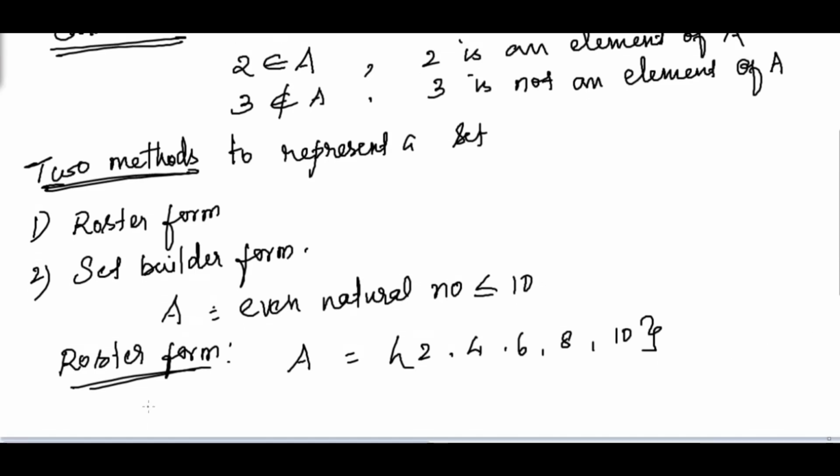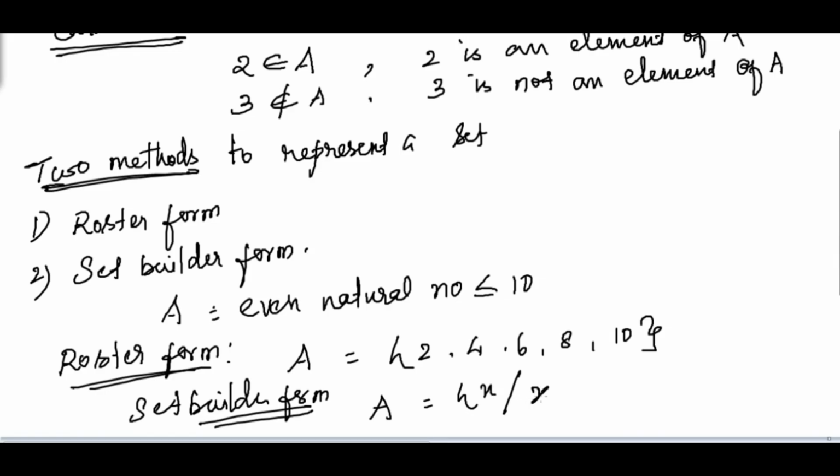In set builder form, we have to assign these values to some variable x and describe the values of x. x is even, and x belongs to natural numbers, and x is less than or equal to 10.